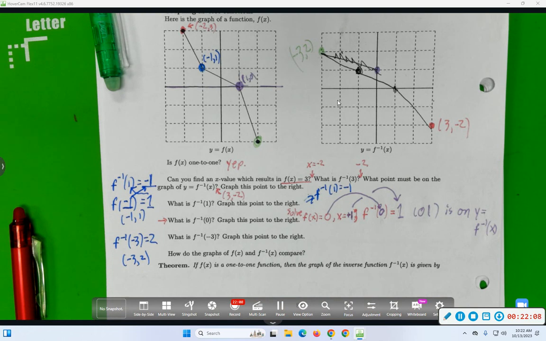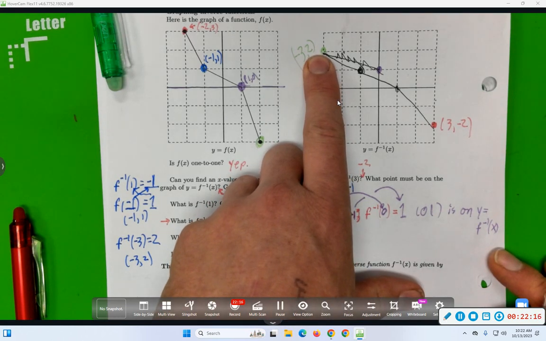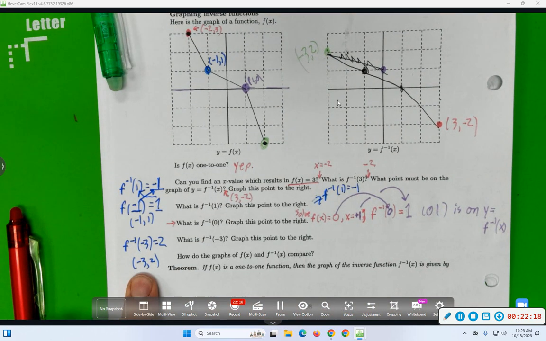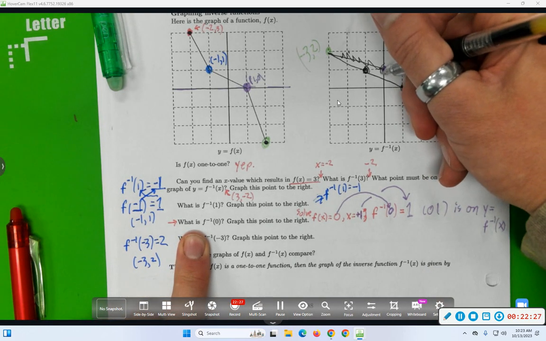Which of those points is incorrect? So the 3, 2, I think that one was right. You told me that one specifically. I have a point at 3, 2. 0, 1 should be on the graph. I see 0, 1 right there.